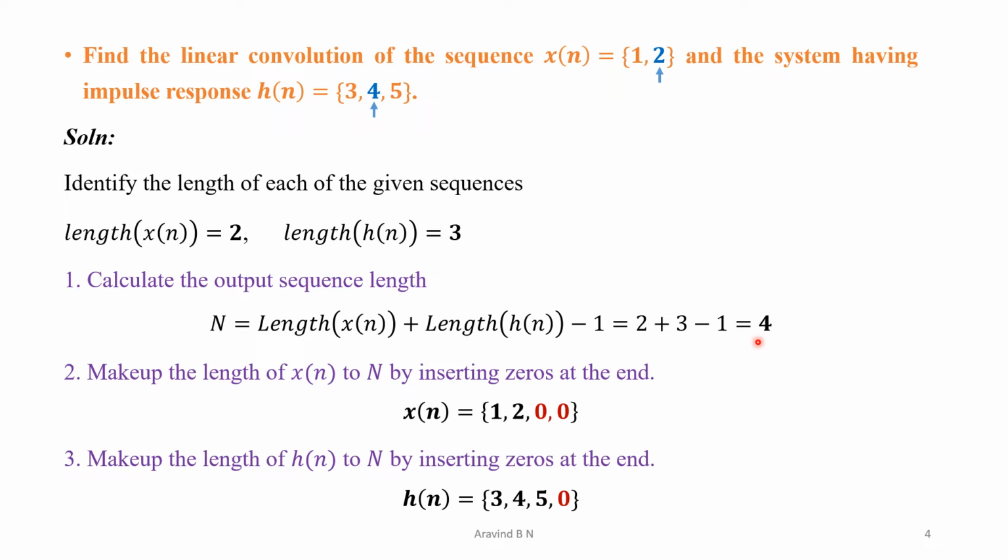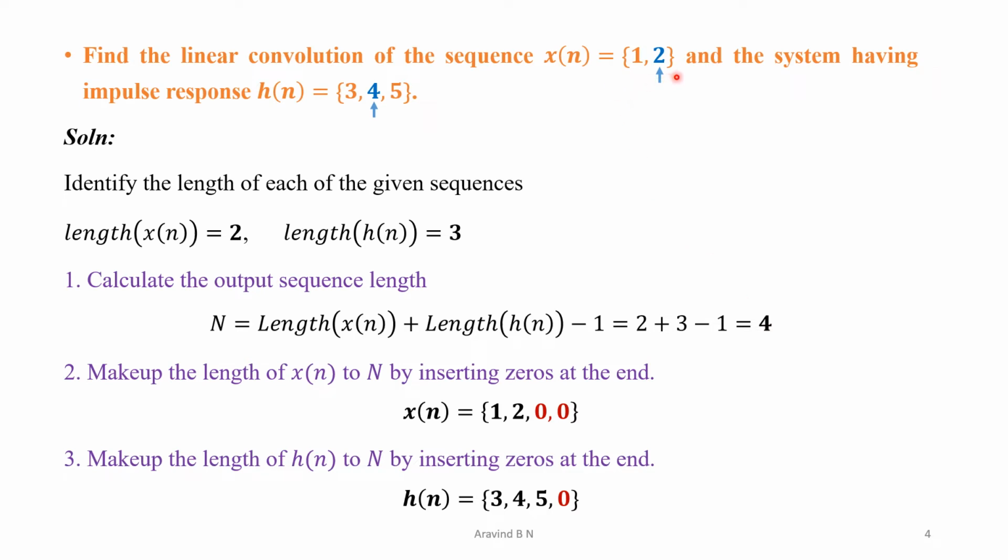Now, since we are making use of the circular convolution to solve linear convolution, we must make up the length of x of n and h of n equal to 4. So, in step 2, make up the length of x of n to N by inserting zeros at the end. The value of N is equal to 4 and x of n has 2 elements.